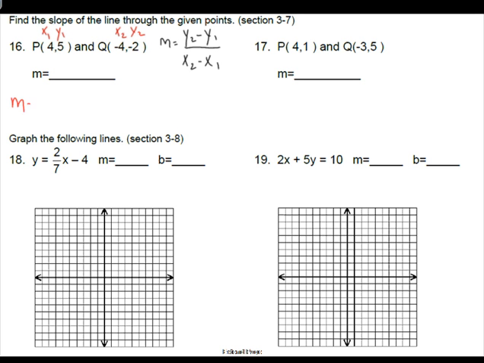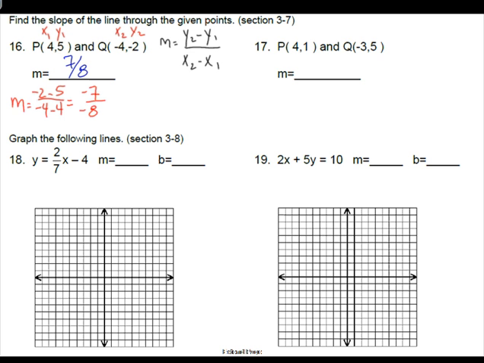So here I have my m is equal to negative 2 minus 5 over negative 4 minus 4. So I have negative 7 over negative 8. Both of these are negative, so that gives me my final answer as a positive 7 over 8.